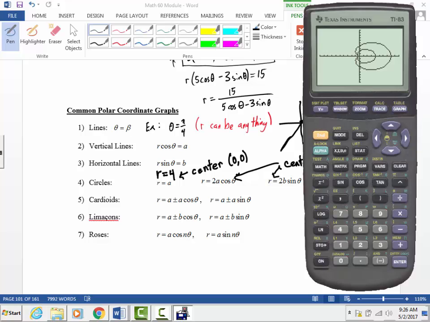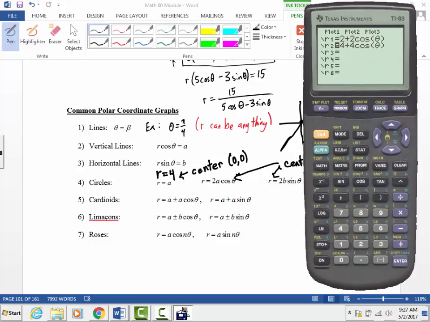It's not an ellipse though, because let me turn off the inside one. See how it kind of comes back to the origin? Comes around there. What about if I change it to a minus? What about if I change it to sine?